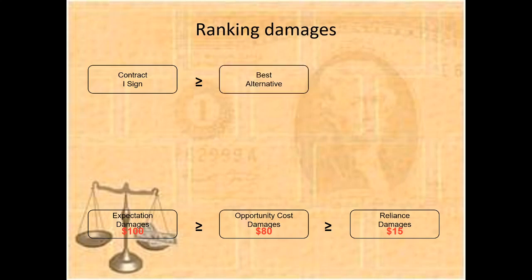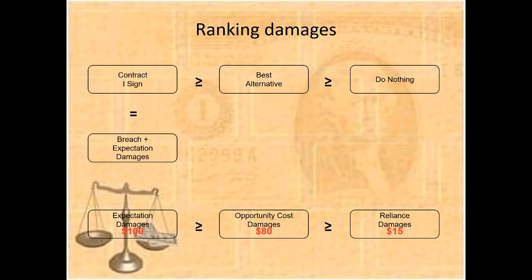The contract is greater than the best alternative, which is greater than doing nothing. So this gives us a kind of proposition: expectation damage is based on the contract I sign, so I do have an expectation. Then the best alternative comes under opportunity cost, and doing nothing is reliance.